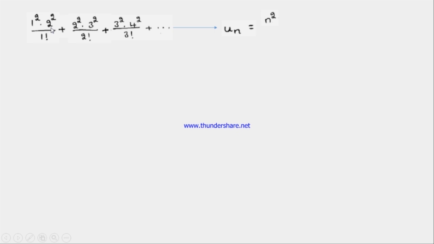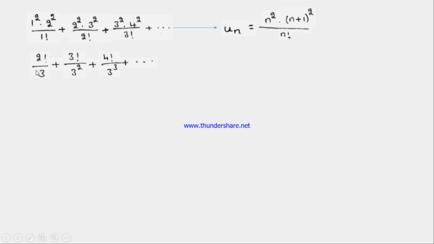First term 2 square, second term 3 square, third term 4 square, which means this number is associated with what? N plus 1. So it becomes n plus 1 whole square divided by first term 1 factorial, second term 2 factorial, third term 3 factorial. So it should give what? N factorial for us. Good. Let me consider the next example.